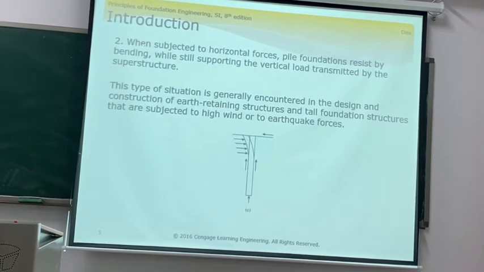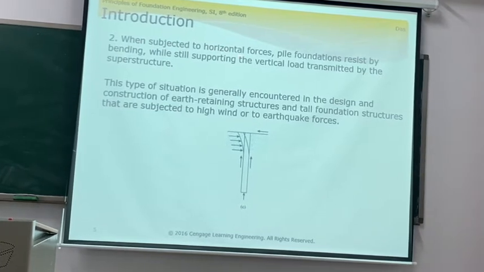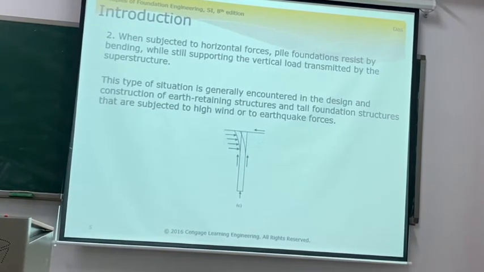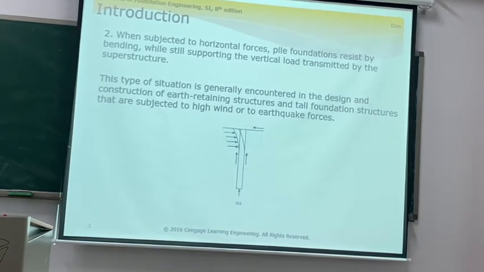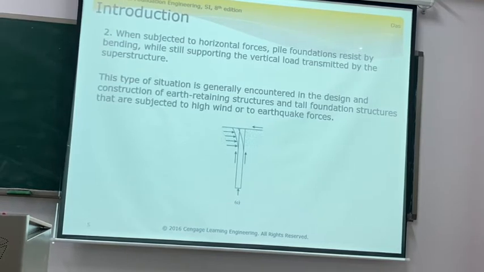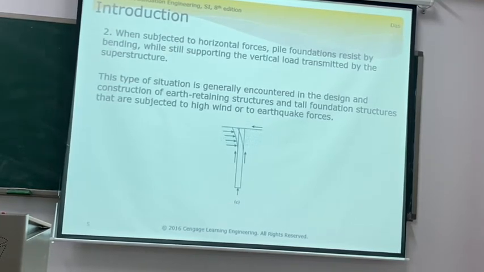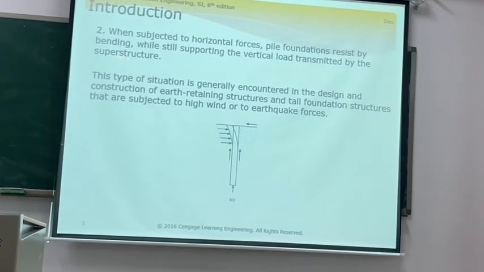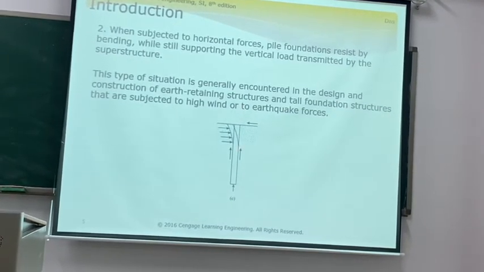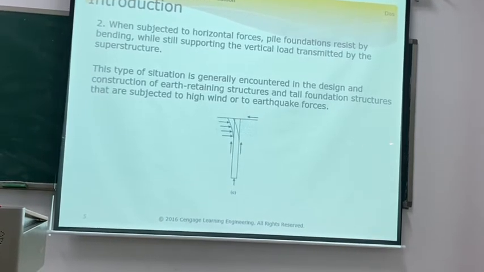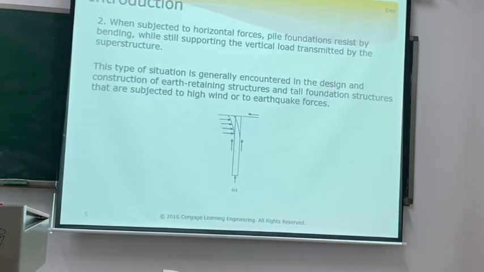The second condition is when the foundation is subjected to horizontal force, like wind or earthquake. The pile resists by bending, while also supporting the vertical load transferred by the structure, so it supports both the vertical loads and the horizontal loads.